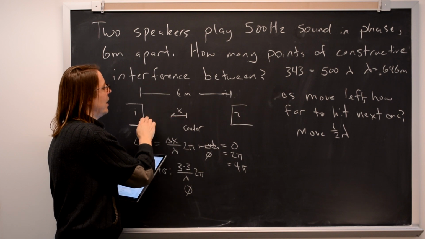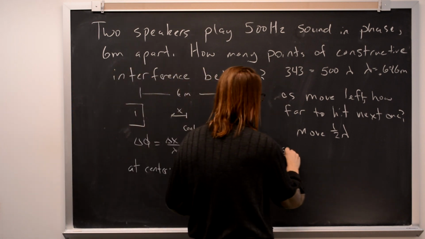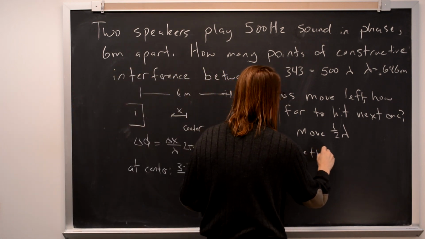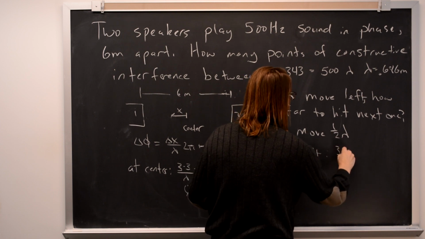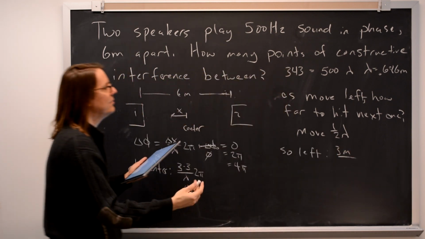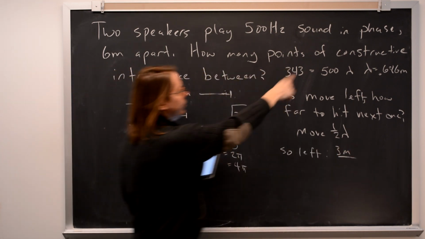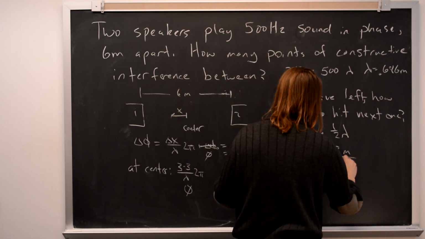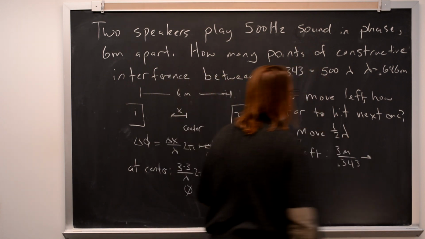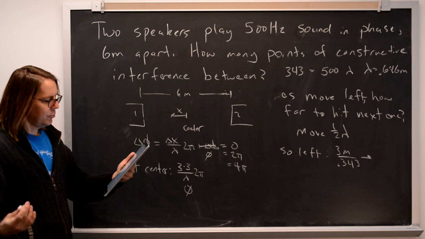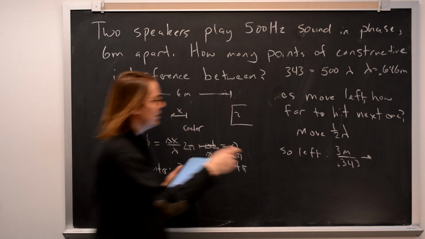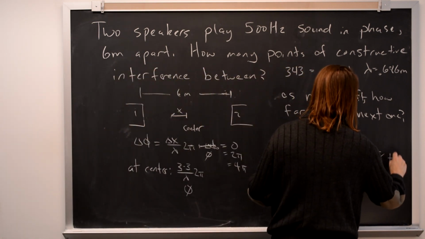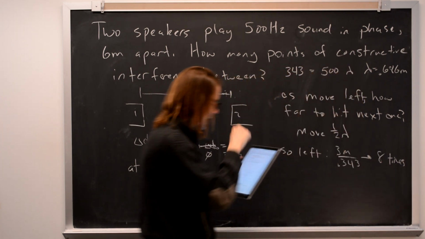So really what we need to do now is take, on the left, we just say 3 meters. How many half waves can you fit into 3 meters? 3 meters over 0.686, but half of that is 0.343, and that comes out to 8 point something. So this gives you 8 times. It happens.